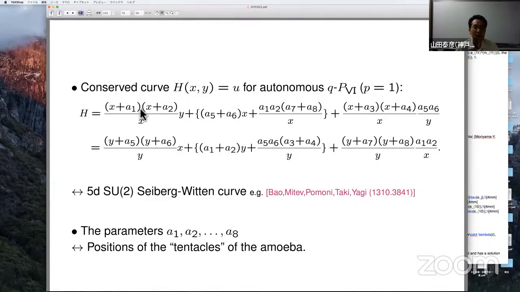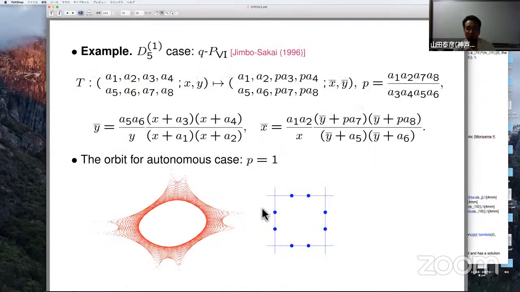And the top term and bottom term are all factorized. This factorized structure corresponds to this configuration of the points, or the position of the tentacles of the amoeba.